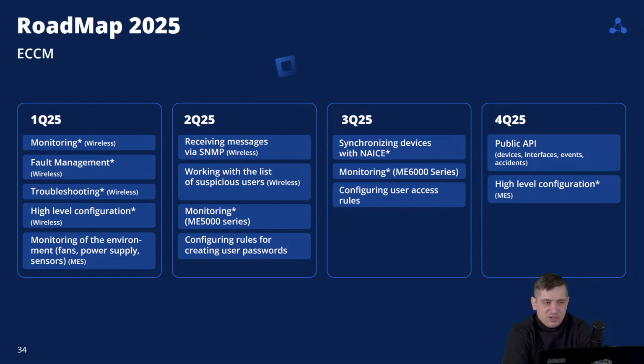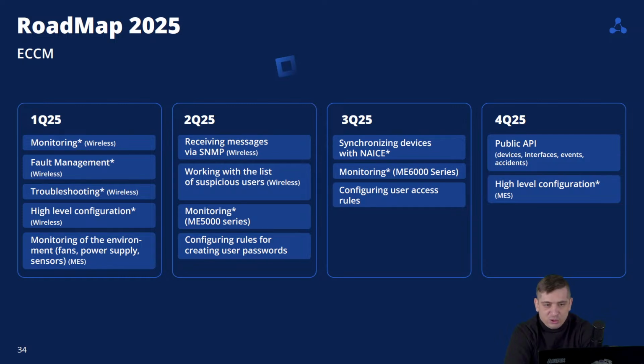So as per ECCM management system, we shall do lots of work in wireless sector. We shall support monitoring, we shall support fault management, we shall implement troubleshooting. In second quarter, we shall adopt ME5000 series for ECCM functionality.